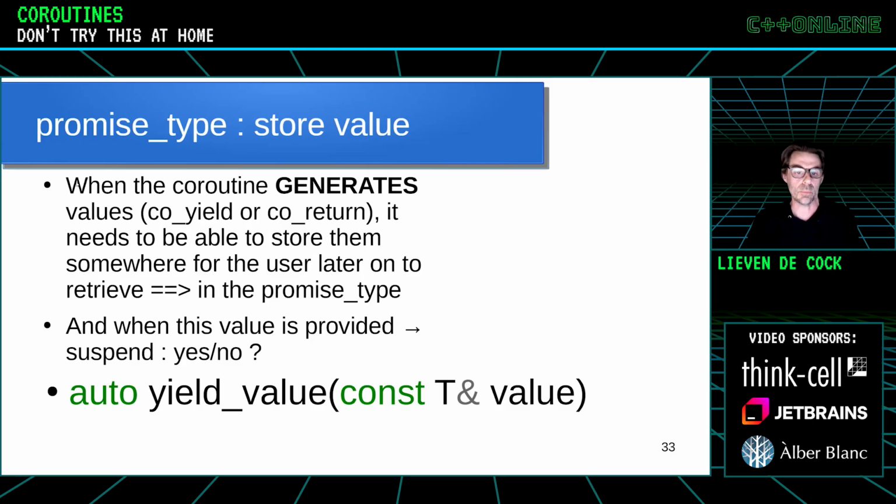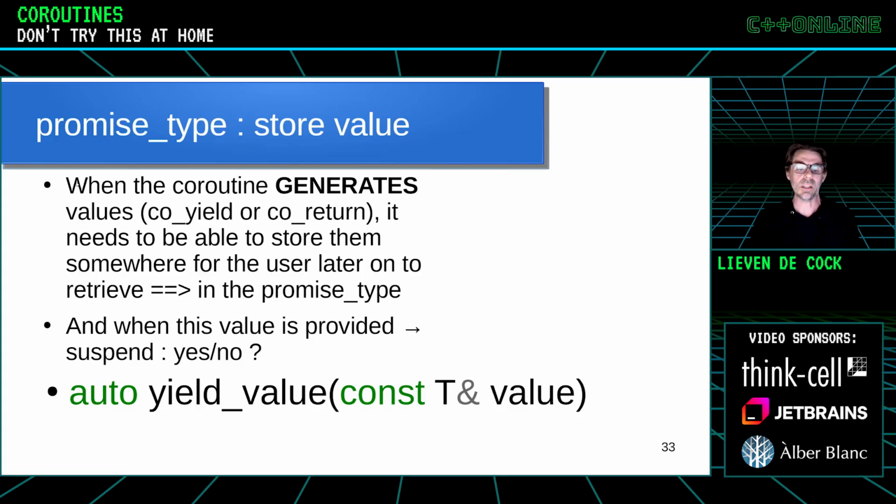Now we are adding state to the promise type so that the compiler is able to store in that promise type the generated value. And we will also tell it the moment it has generated that value if it should suspend, yes or no. Our goal was to suspend, but there might be cases that we say, no, you should not suspend. In our example, we will suspend.